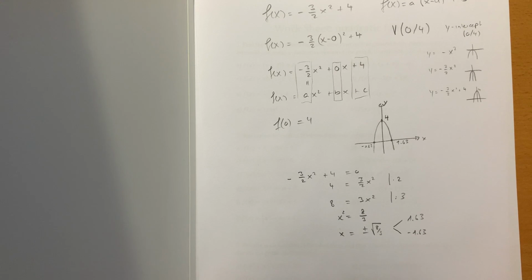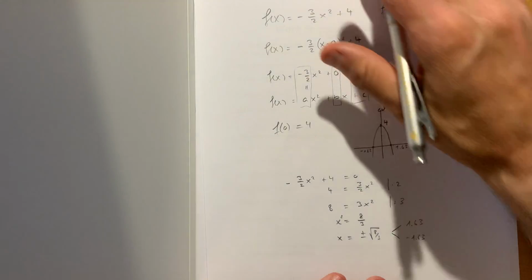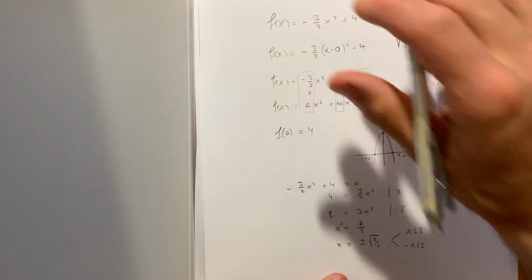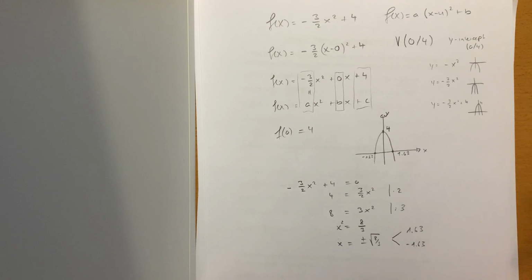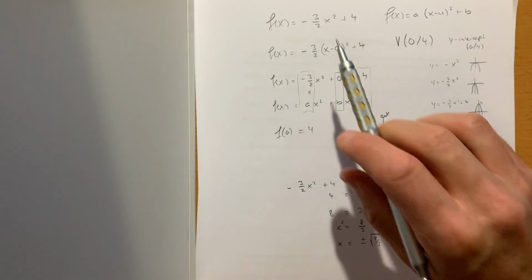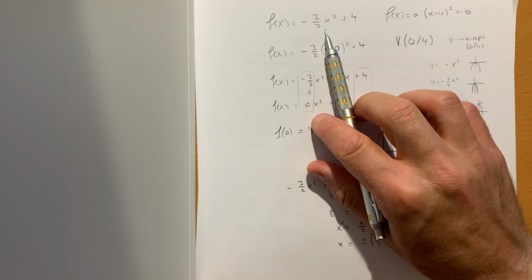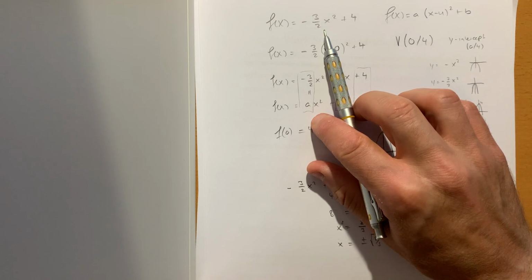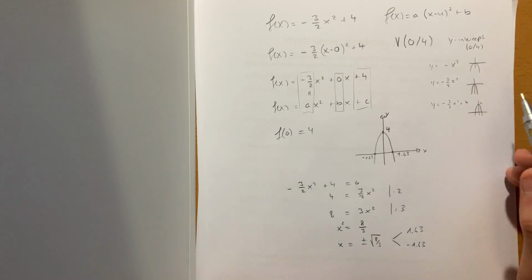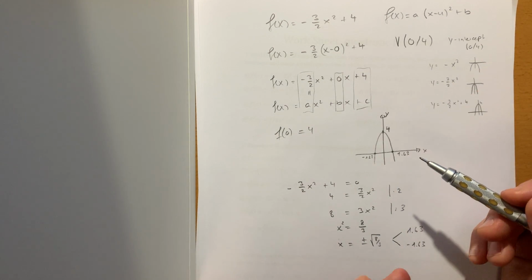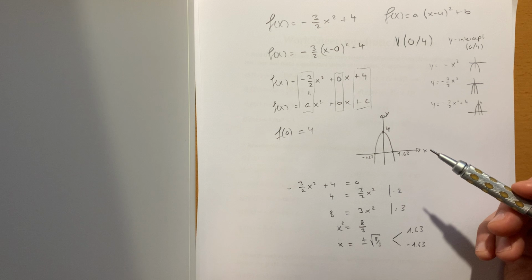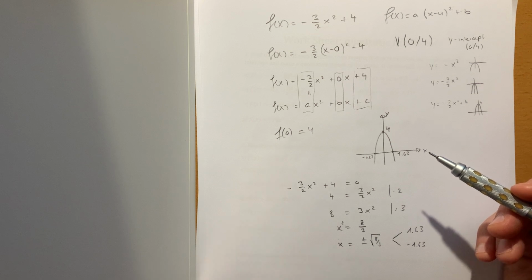So it's quite interesting what you can do with our new concepts, and I hope it wasn't too difficult to understand. First you need to understand this is just a quadratic function which has been translated upwards by 4 units. And it's a sad parabola, obviously, and it has undergone a vertical stretch.